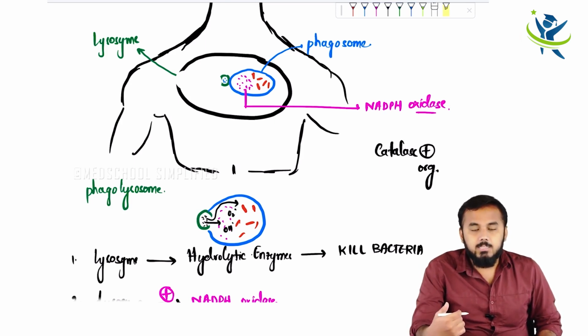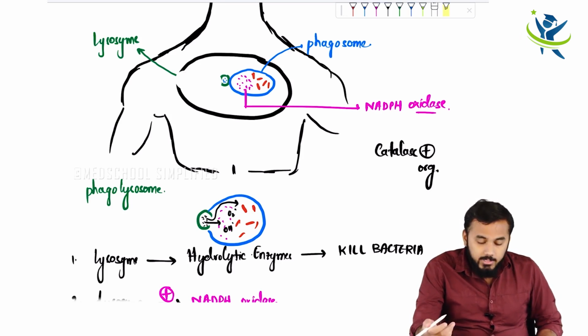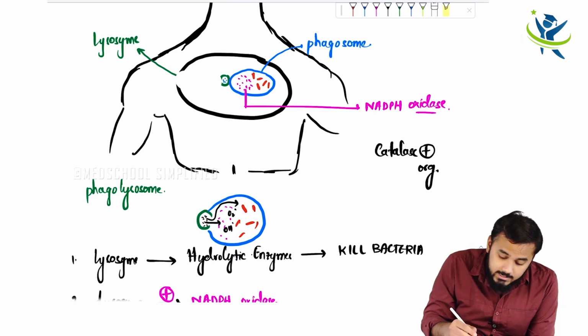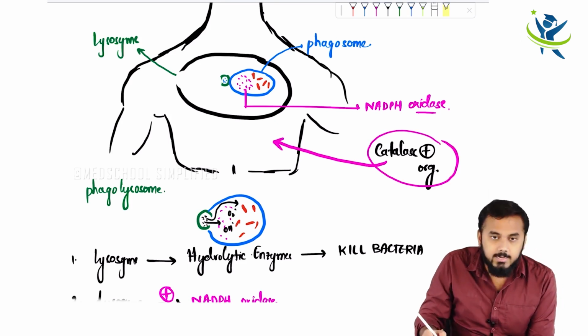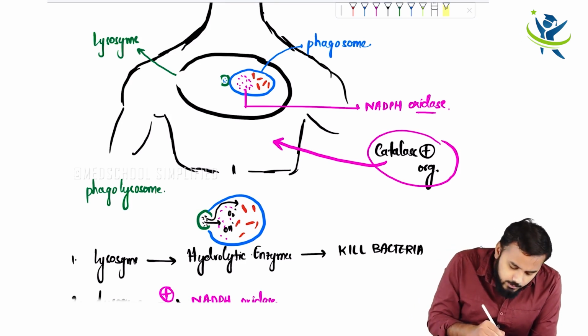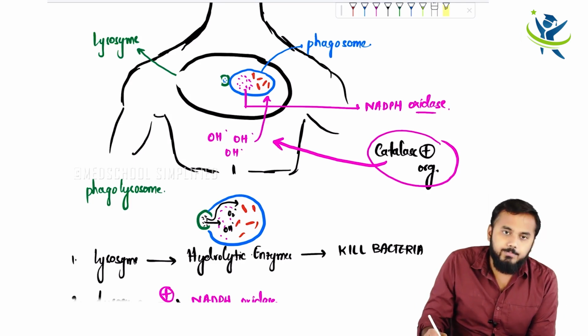But we, as catalase positive organisms, have an ability to release a single radical called OH dot, that is hydroxyl radical. So if you let me inside, I'll help you kill the bacteria. So this person allows catalase positive organisms to enter inside, and obviously they will release hydroxyl radical and start killing this bacteria.